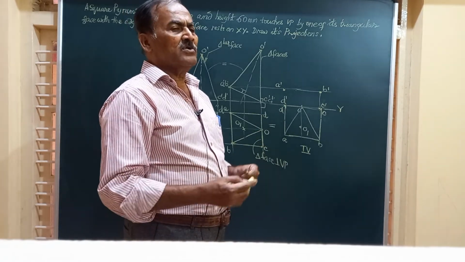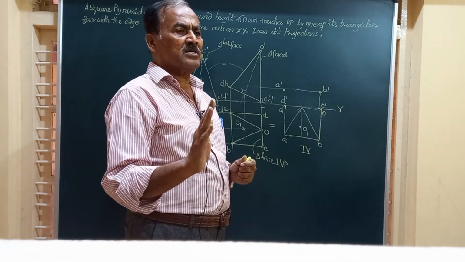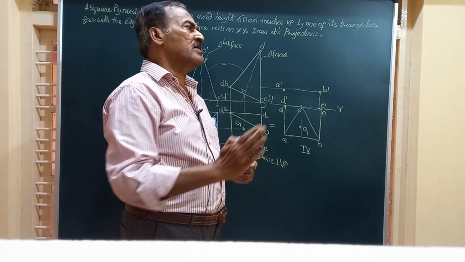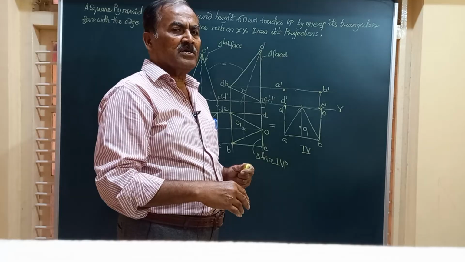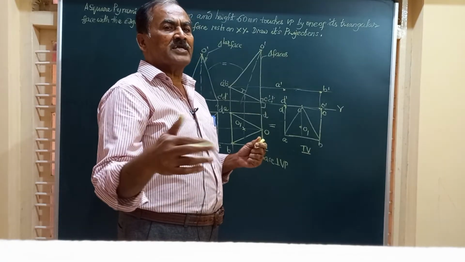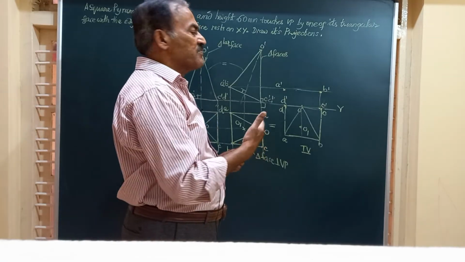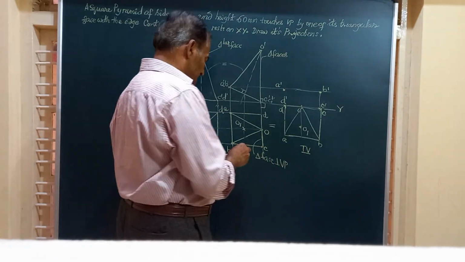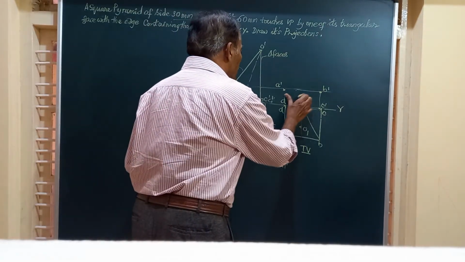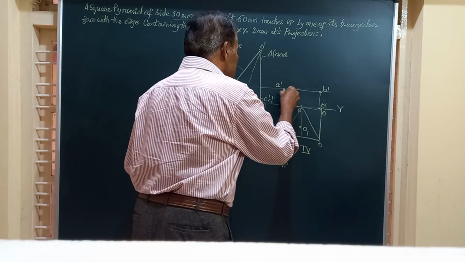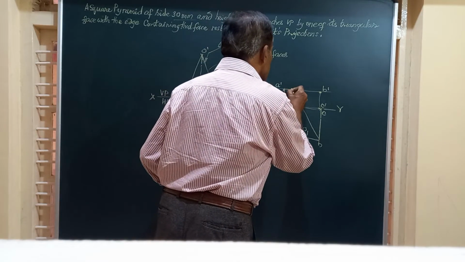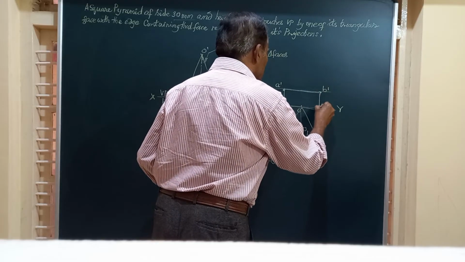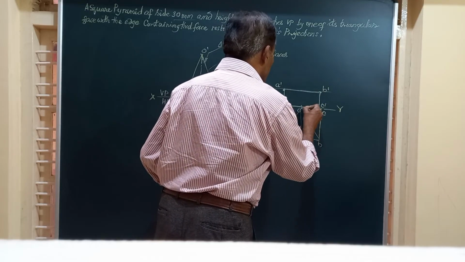I told you, whenever the pyramid is resting on one of its triangular faces on HP or one of its slant edges on HP, irrespective of the type of pyramid, in the front view you will be able to see the complete base of the solid. Hence, I have to join all these by straight lines. So A to D, A to B, a straight line, B to C, all these should be straight lines.